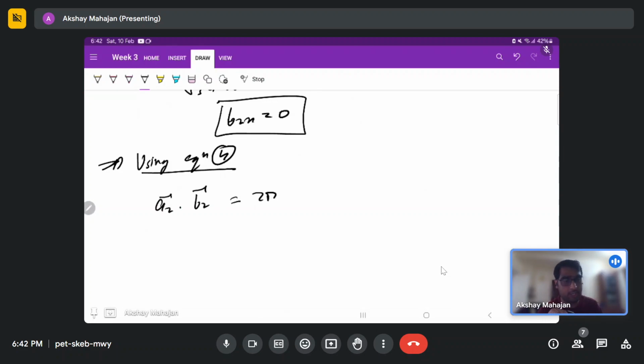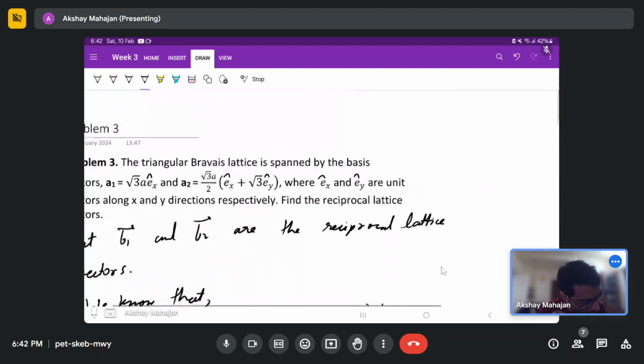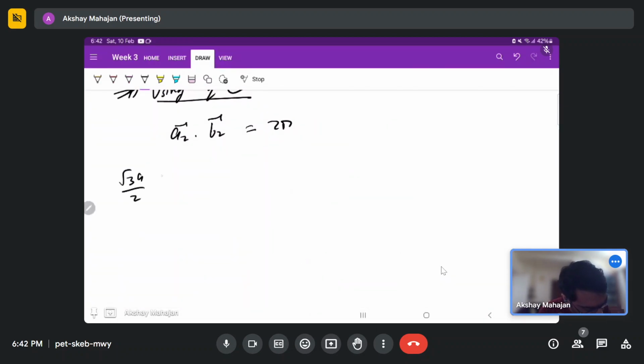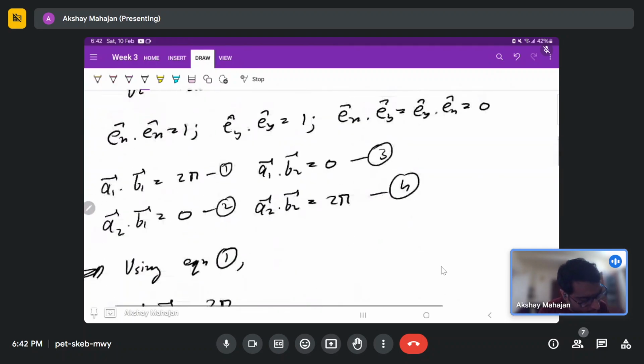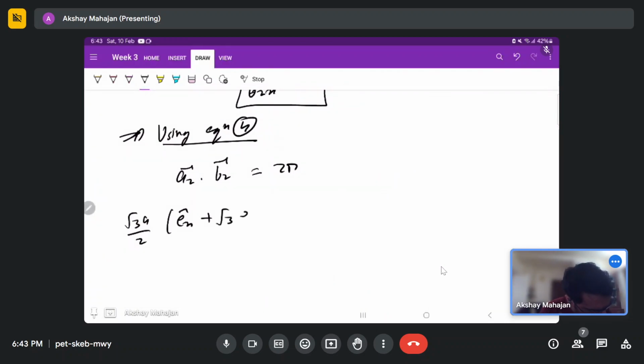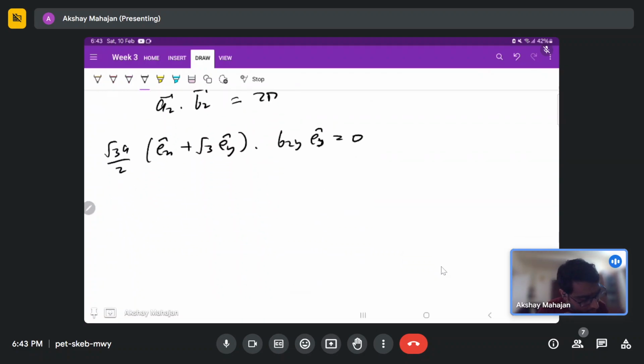Now here I already know that b2x is 0, and a2 vector is root 3a by 2 times ex cap plus root 3 times ey cap, dot product. Now b2x is already 0, so I will just write b2y ey cap here, because the x component is already 0. Okay, and doing this, that is equal to 2 pi here.